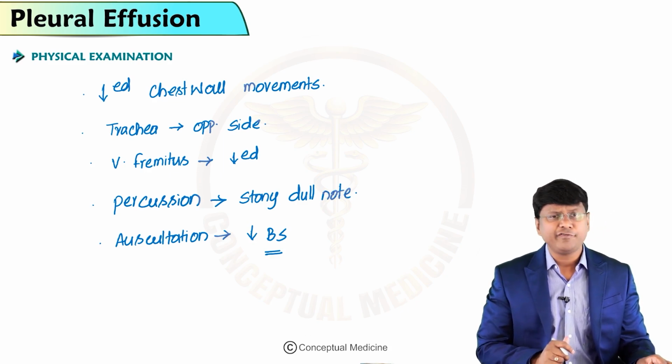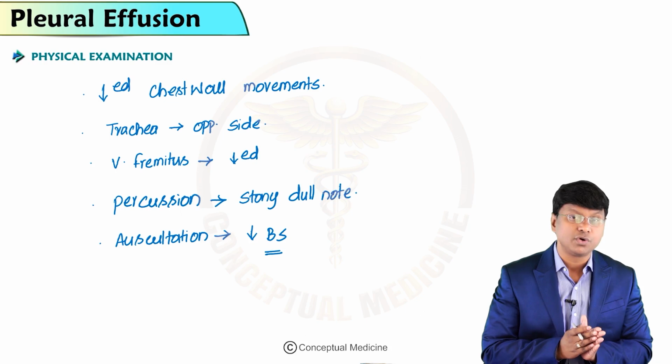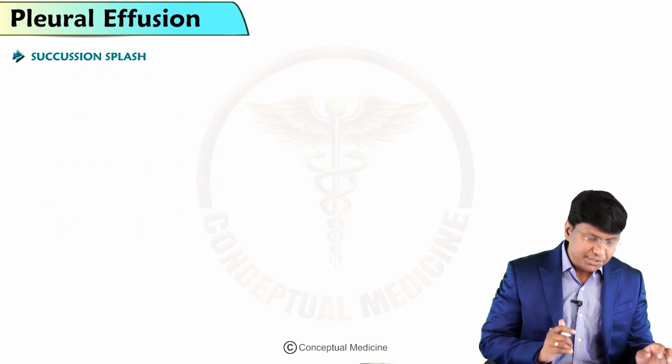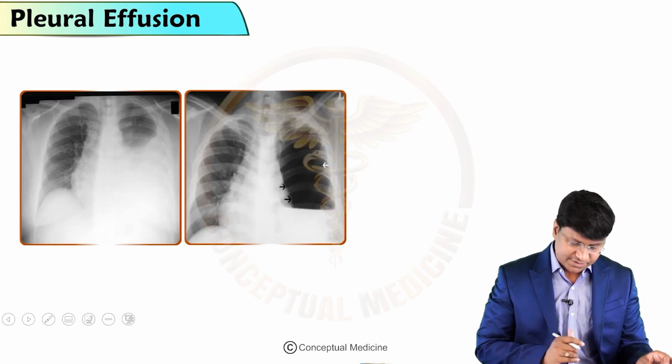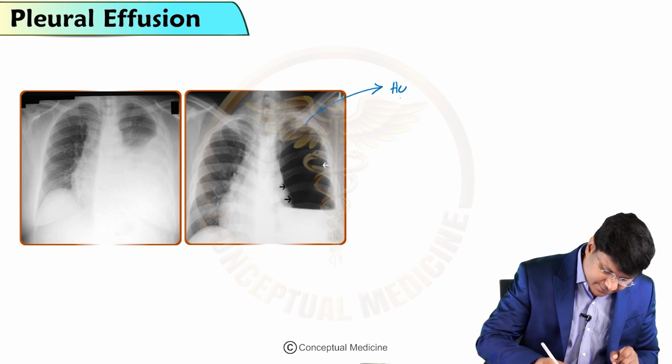Now, we have a form of pleural effusion, or a clinical scenario, which is called hydropneumothorax. What do you understand by this word, hydropneumothorax? Let me show you the X-ray of this. So, this is the X-ray of the hydropneumothorax.